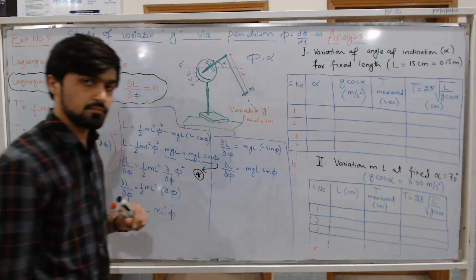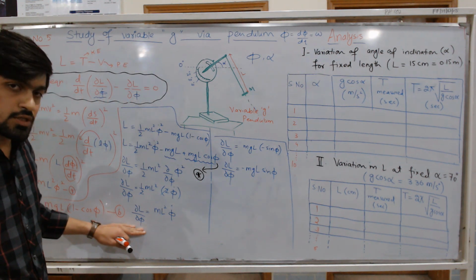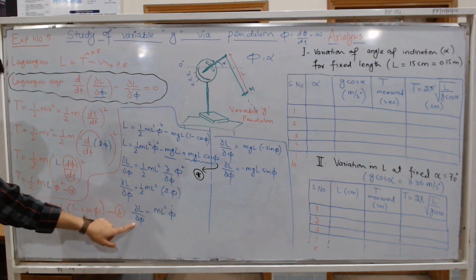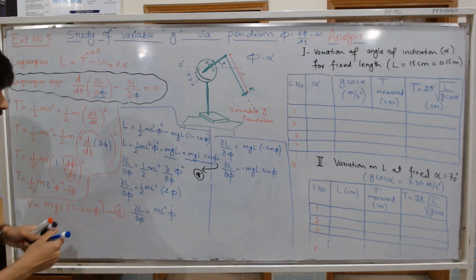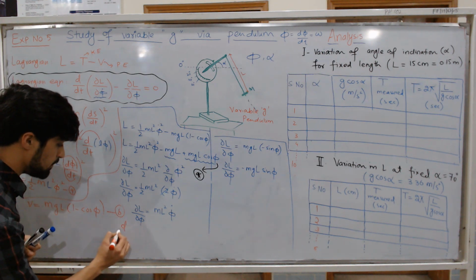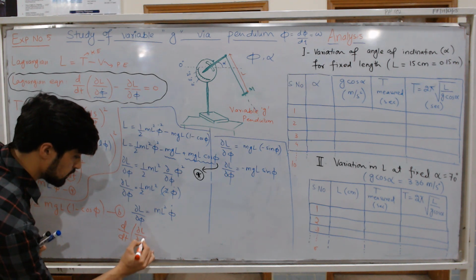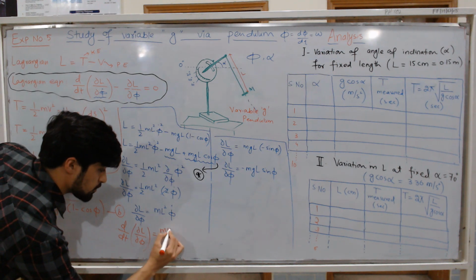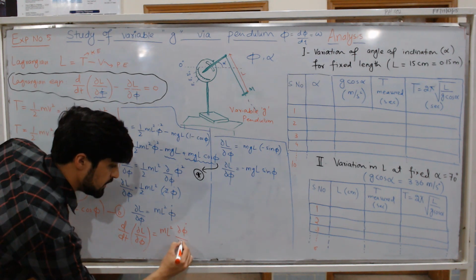Very simple. Now we are having this value and this value. I will differentiate this with respect to t, as you can see in the Lagrangian equation. This is the requirement. So if I differentiate this, d by dt of del L over del phi dot, so what will happen? ml square is constant, so it will be taken out, and del phi dot with respect to dt.